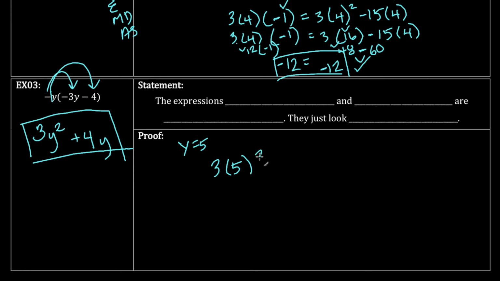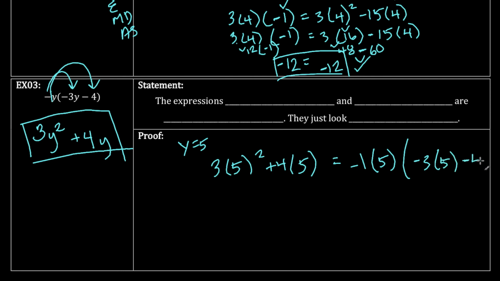Doesn't matter. We'll do it. Plus 4 times 5. That should be the same as the original, which would be negative 1 times 5 times negative 3 times 5 minus 4.